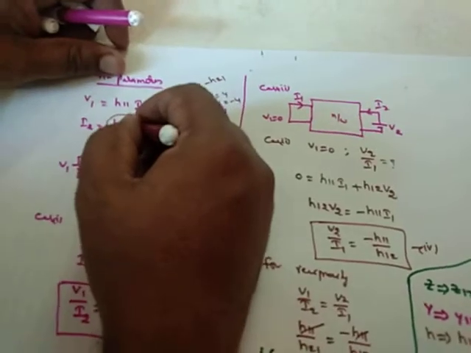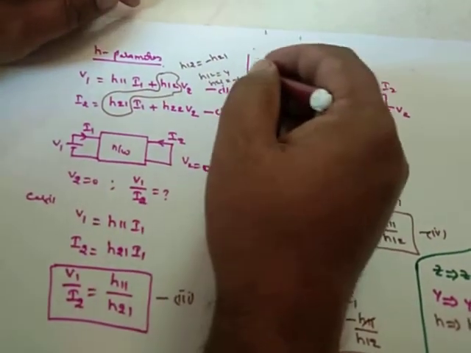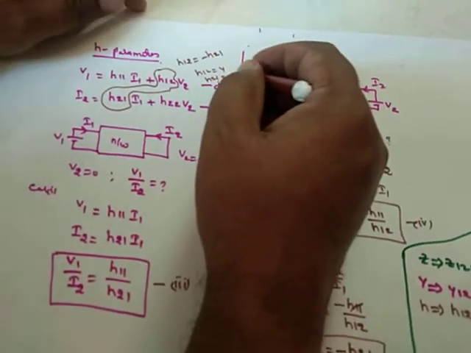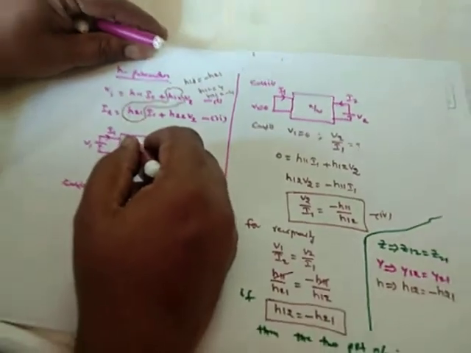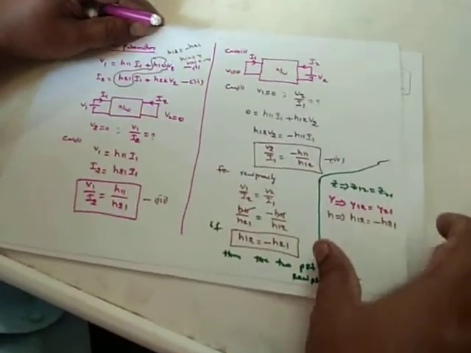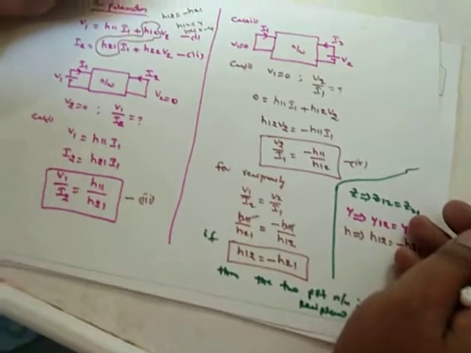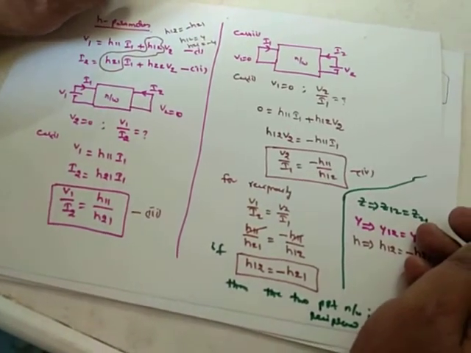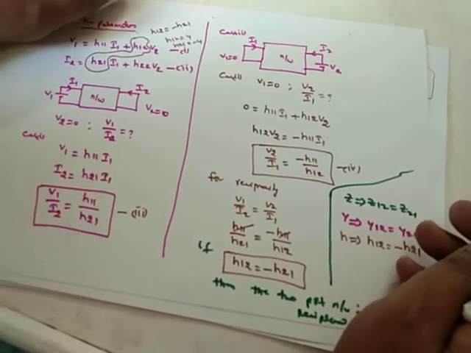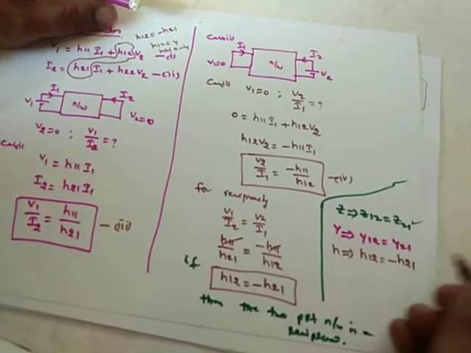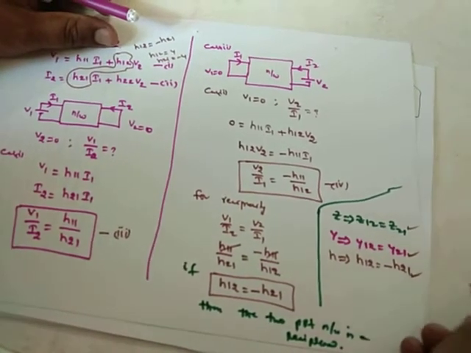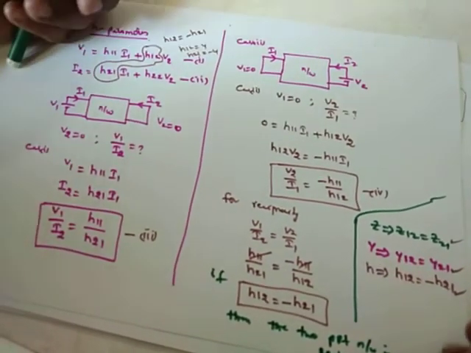Or otherwise H21 is 4, H12 is minus 4. Then we can say that the given network is a reciprocal network. Like that we have to derive the condition for reciprocity in z parameters, y parameters and h parameters. Okay, thank you.